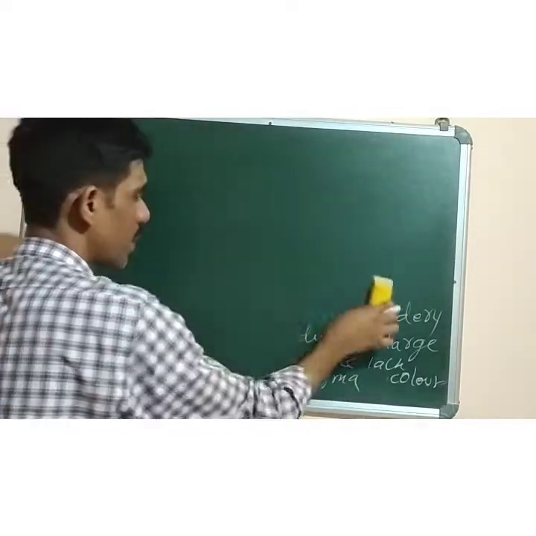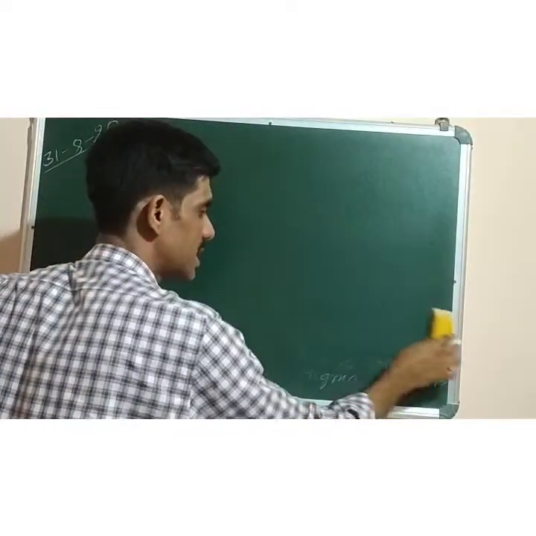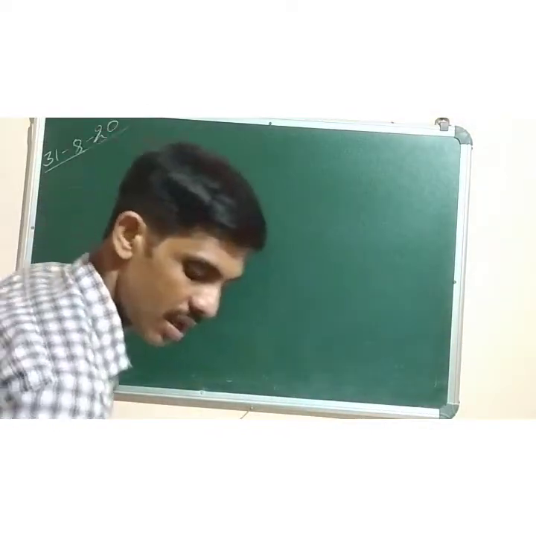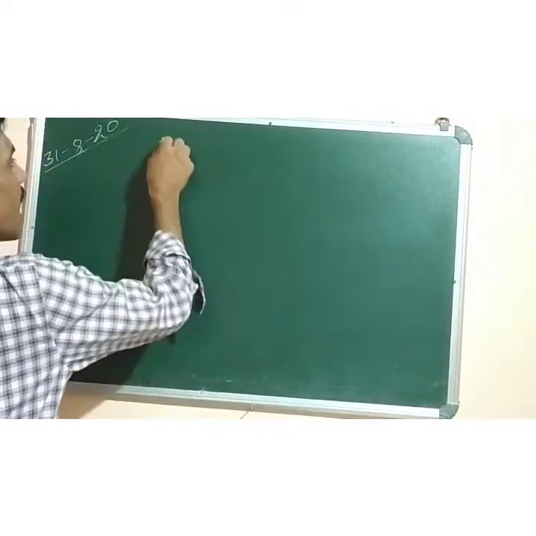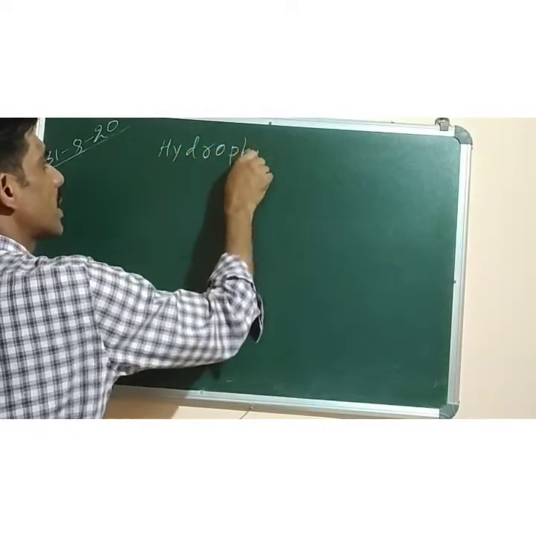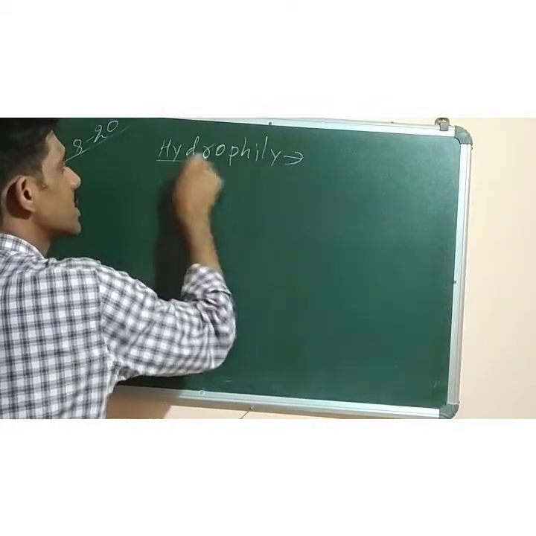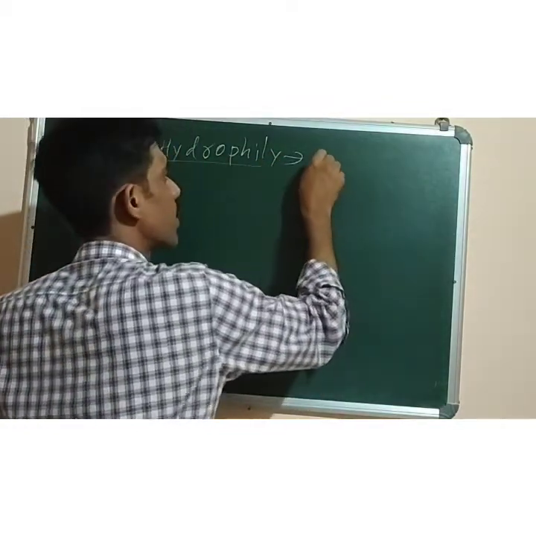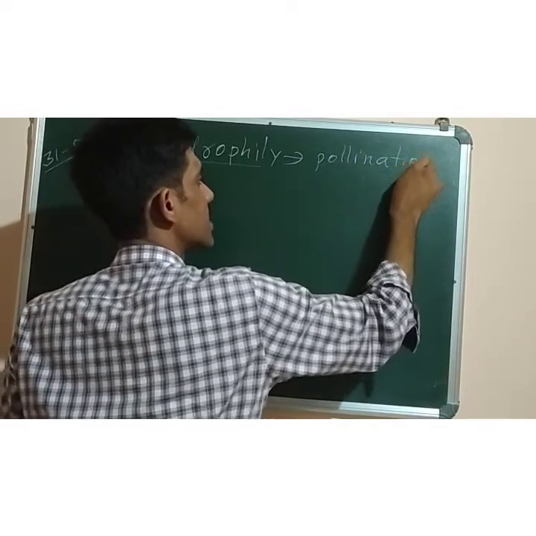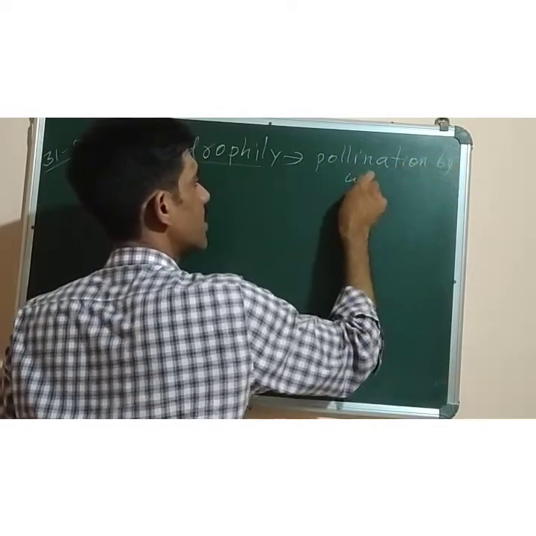And such type of pollination which is achieved with the help of water current is called pollination by water, and the word which is used is hydrophily. What is hydrophily? Hydro means water, so it is pollination by water. Pollination by water is called hydrophily.